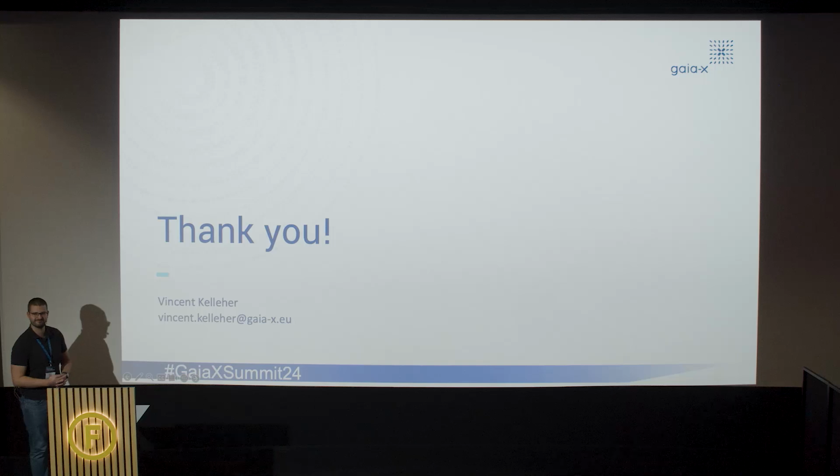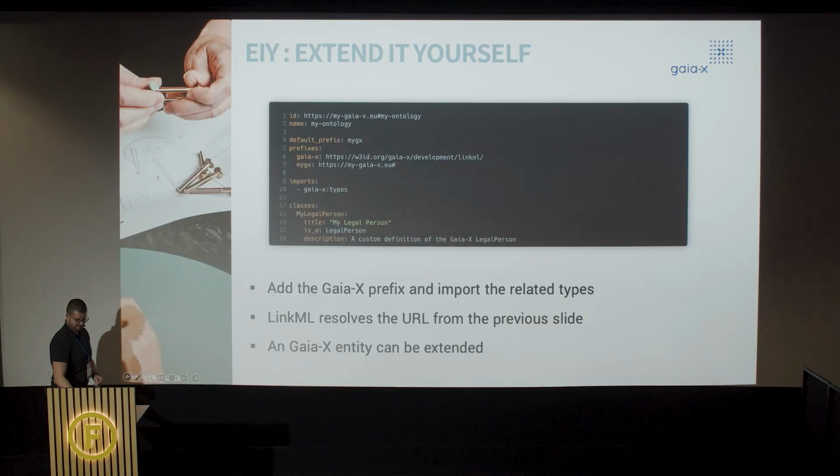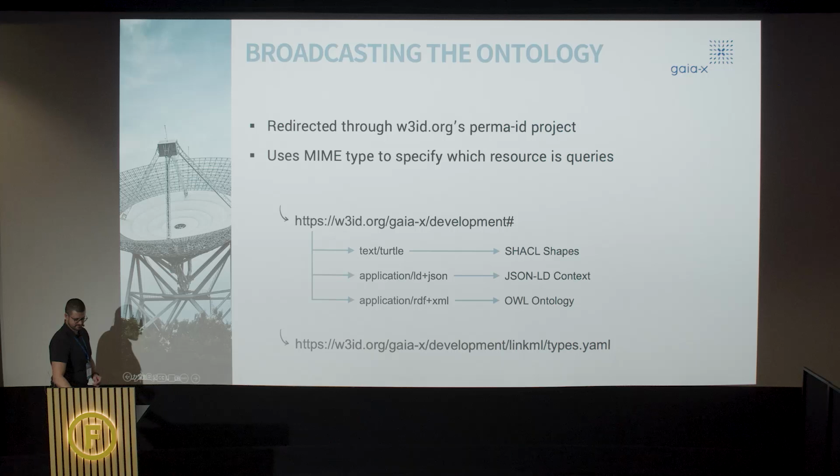You're welcome. Yes? I have a question about the endpoints you mentioned. You mentioned that when we are querying the endpoints with different content types, then we get different contents, the response is different. And isn't it against the content negotiation approach of the semantic web, which should just change the representation and not the content itself?